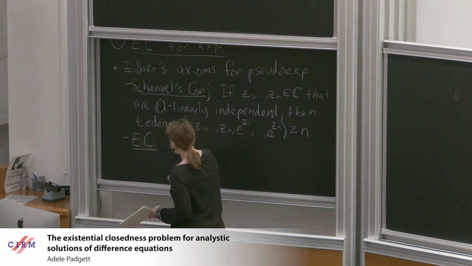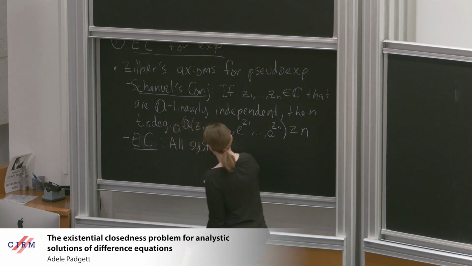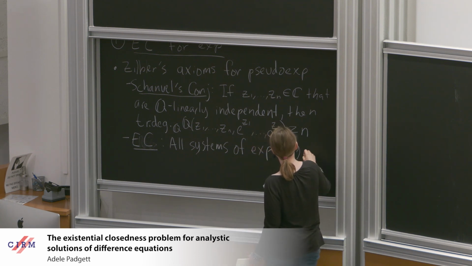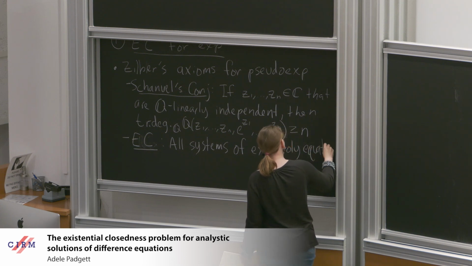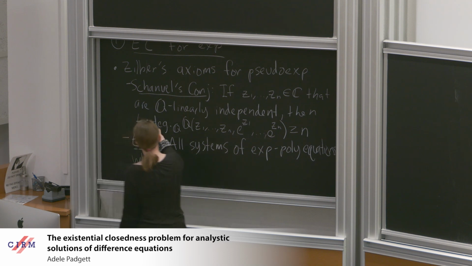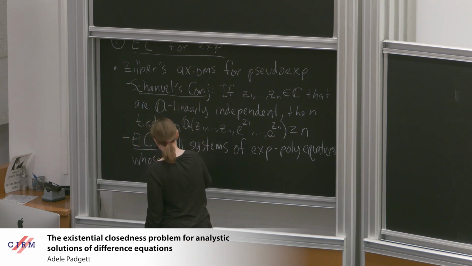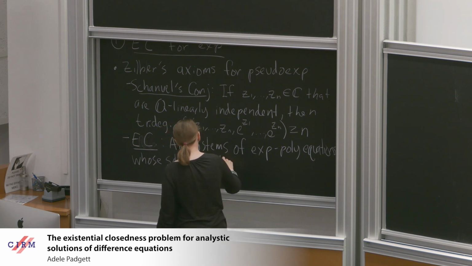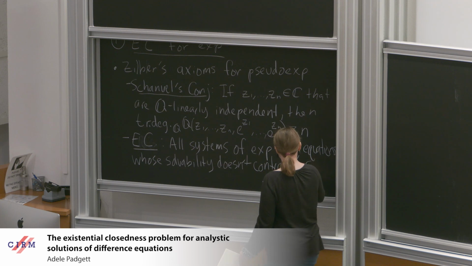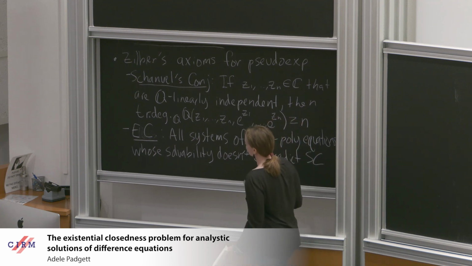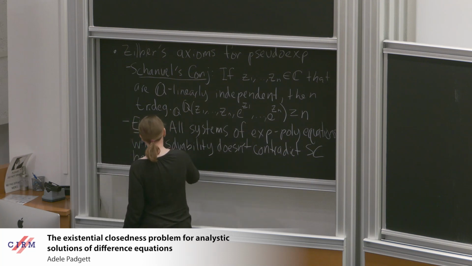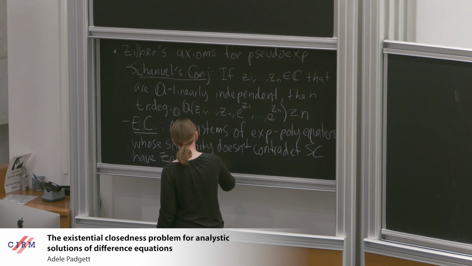So this says that all systems of exponential polynomial equations whose solvability doesn't contradict Schanuel's conjecture, all these systems must have Zariski dense sets of solutions.